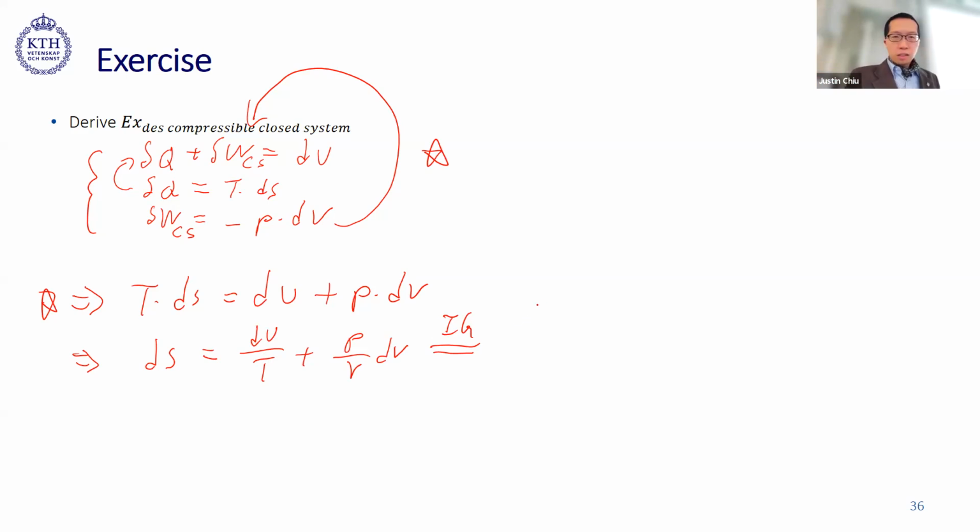The internal energy: what is dU? dU is m Cv delta T, right? So here we know the internal energy is m Cv delta T. Oh, and here I put everything in big S. That means it is no longer specific. Here I have the entropy and not entropy per mass, and the internal energy, not the internal energy per mass, right?